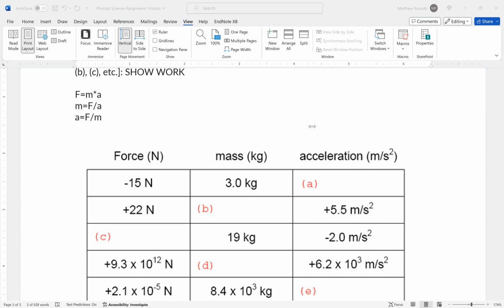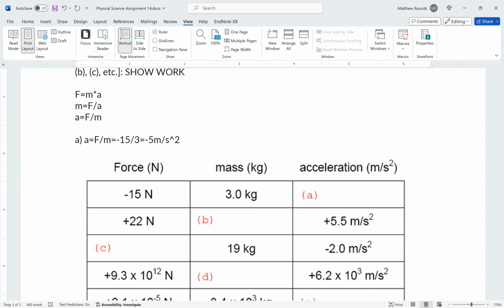For example, for letter A, I'm looking for the equation for acceleration: A equals F divided by M. Then the numbers without the units, the answer, and then the units. Something like that for A.